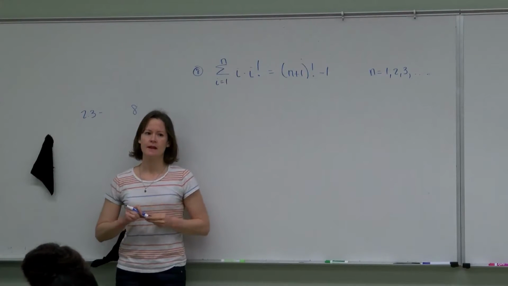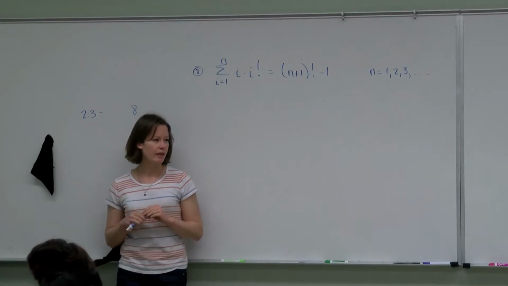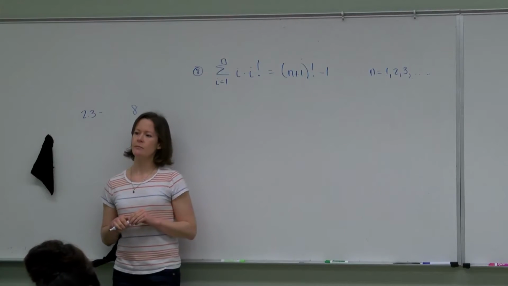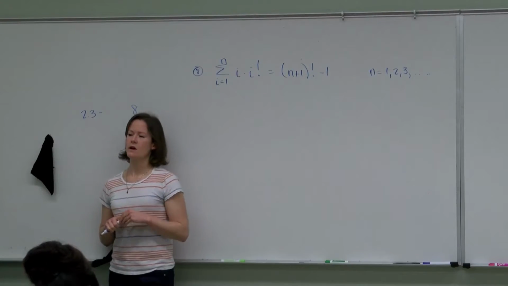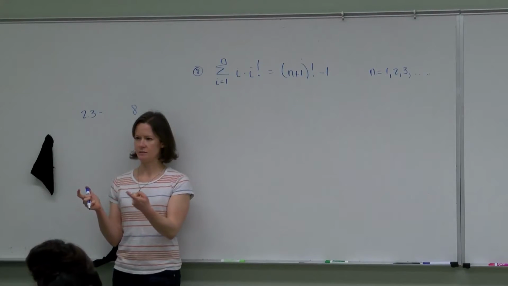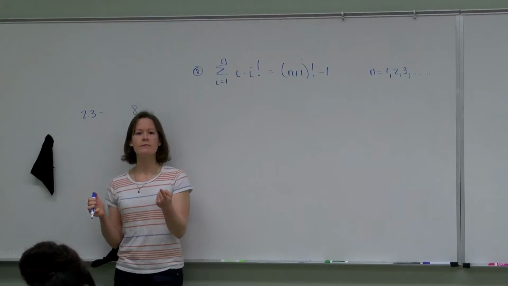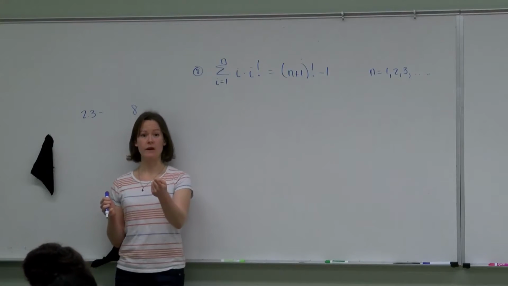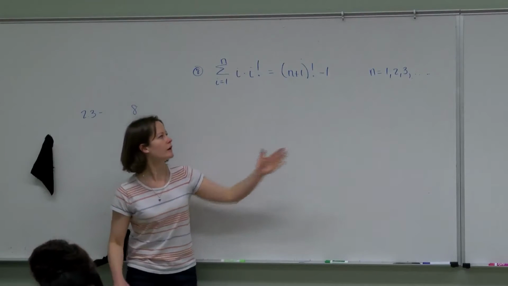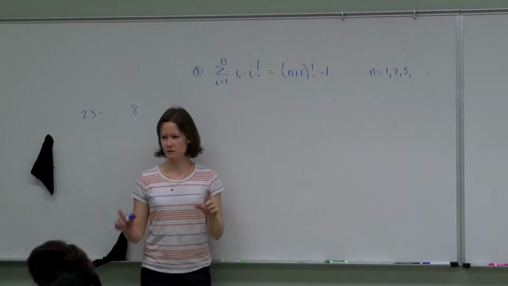Step 2, the inductive hypothesis. Can someone elaborate on what that is? What do you think the k is for? What the case value would be? You assume the case is true and you prove k plus 1 is true. Right, so in the inductive hypothesis, we assume that the formula holds from the base case up through n equals k. That's where the k comes in.